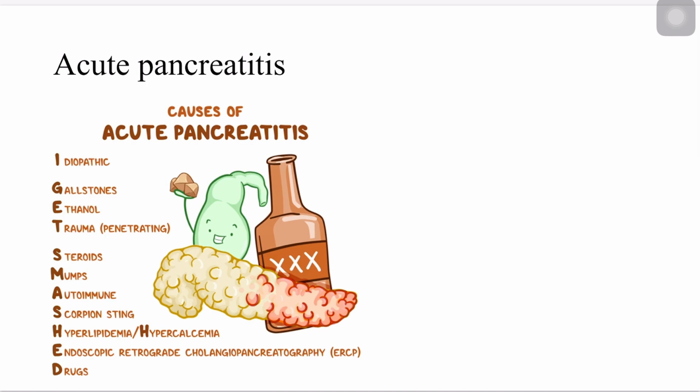We can say idiopathic, gallstone, ethanol, trauma, steroids and mumps, autoimmune, scorpion sting, hyperlipidemia or hypercalcemia, and ERCP, or endoscopic retrograde cholangiopancreatography, and drugs.